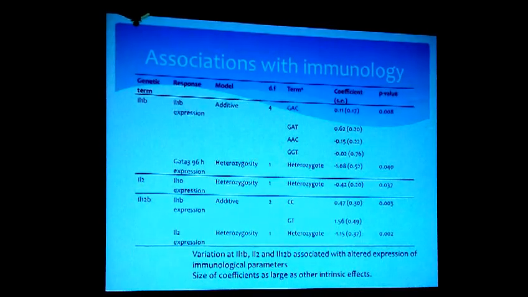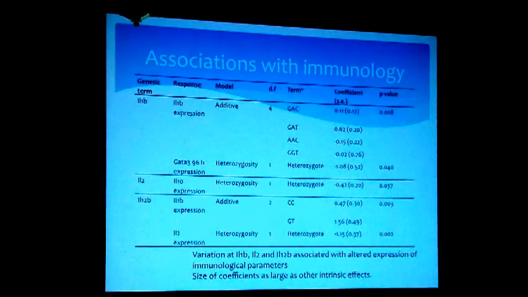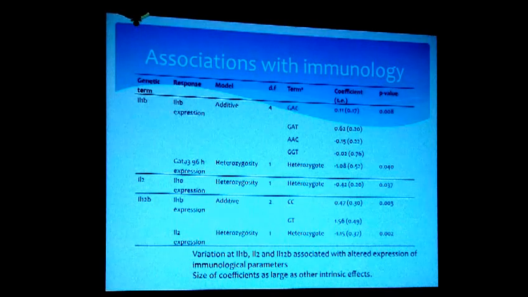Sorry, just another clarifier. The polymorphisms, were those in coding regions or in promoters, or both? Yeah, the way that these were found was by taking cDNA and sequencing those, and then going a little bit further to get the corresponding genomic regions so we could design the assay.